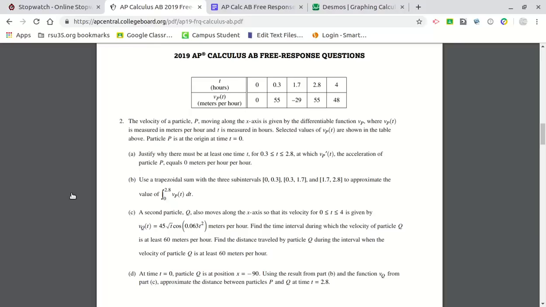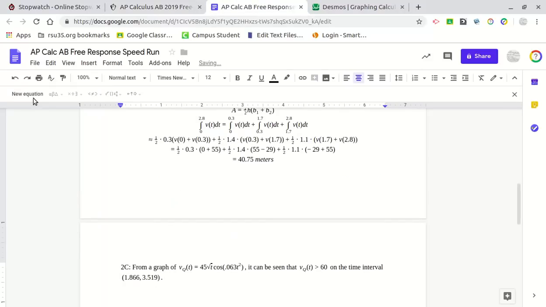Okay, so distance is the integral of velocity. So I'll probably say distance equals the integral from 1.866 to 3.519. Usually you would put absolute value signs, although in this case you don't really need to since it's over 60, so obviously it's positive.